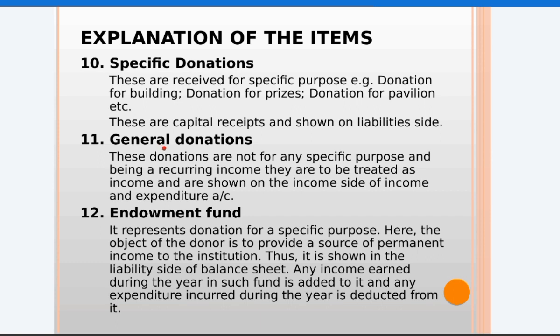But general donations, which are not for specific purposes, are shown in the income and expenditure account as incomes.